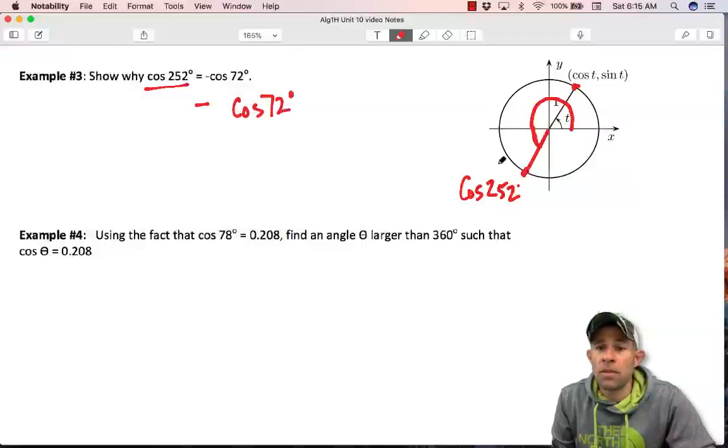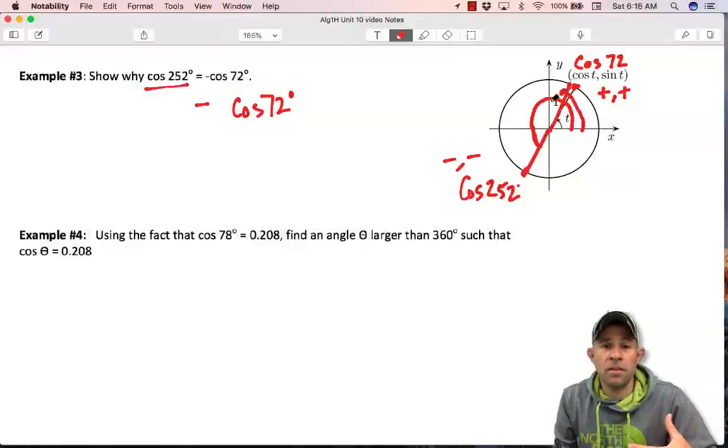Well, remember, these coordinates down here in my negative quadrant are going to be the same as my positive quadrant. However, they're just going to take on the opposite values. So 72 degrees is going to be about right up here. And if I connect that, this is my cosine 72.